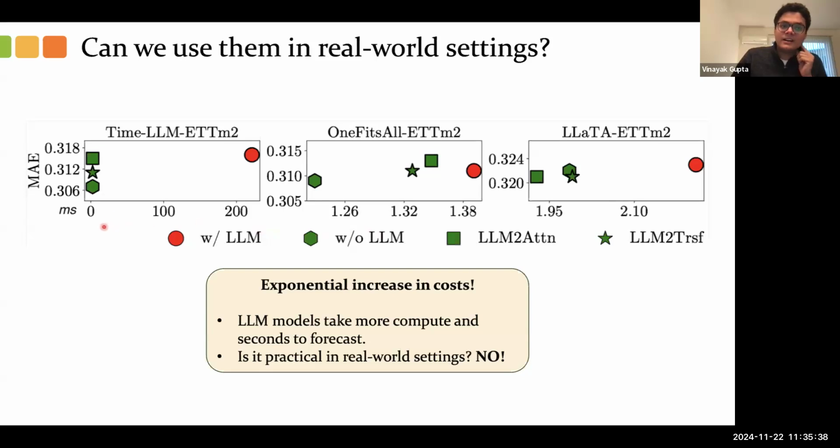And simpler models like ours, without an LLM, were incredibly fast. So for some applications like HFT, where we have to forecast the time series in even less than seconds, the task of using an LLM fails miserably. You cannot use a large language model in these settings.